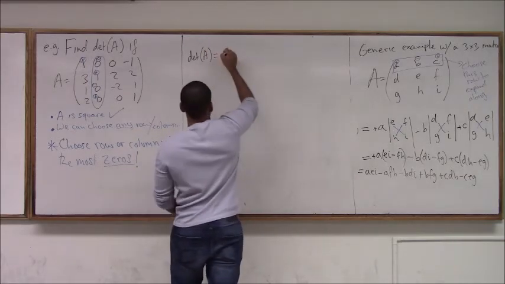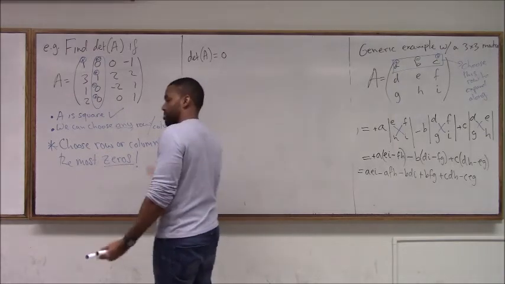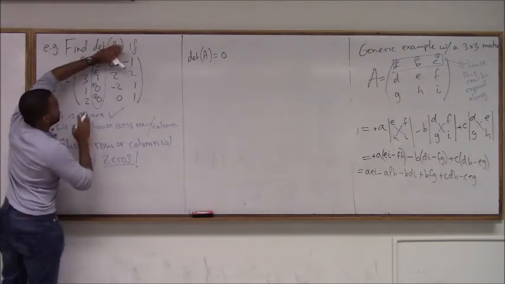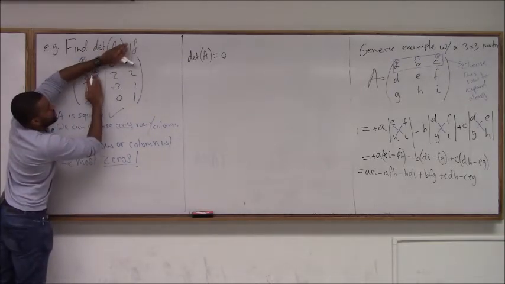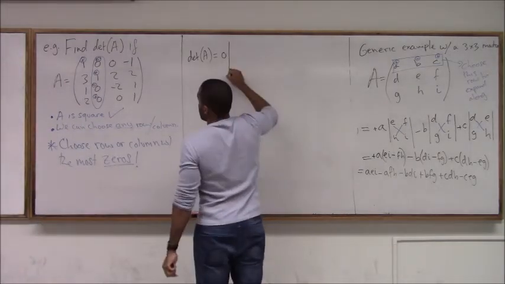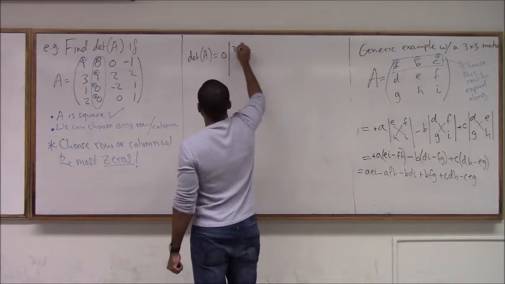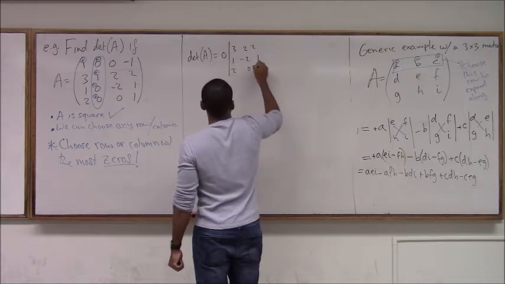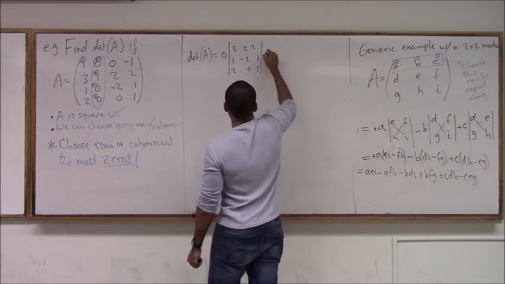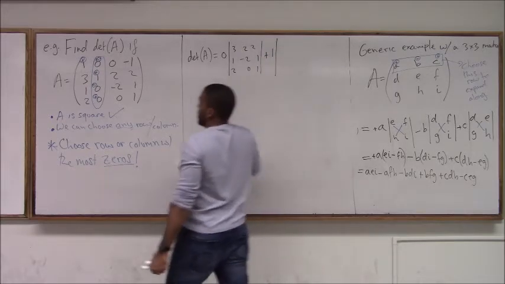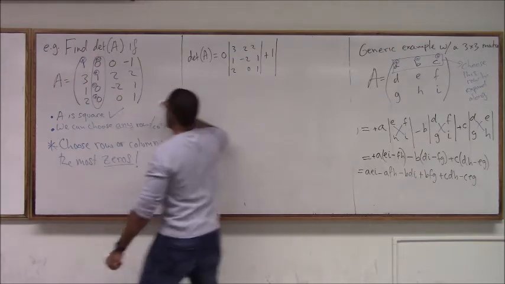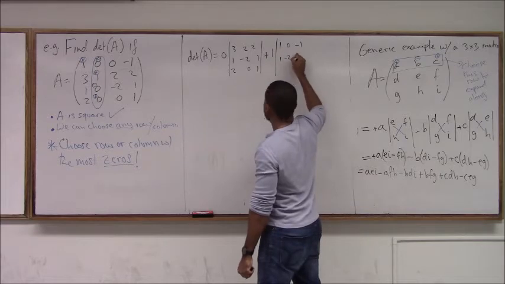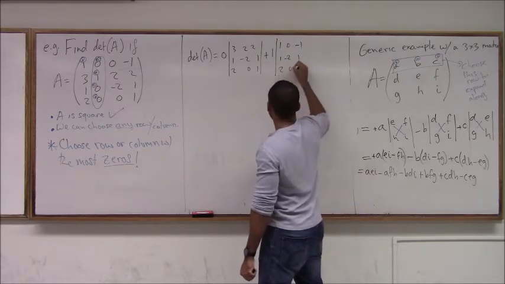Let me just go through the motions so you can actually see how it would look. I'm going to write in the zeros even though it won't matter. So it's 0 times, block out its row and its column. It's going to be 0 times the cofactor 3, 2, 2, 1, minus 2, 1, 2, 0, 1. Then plus 1 times, block out everyone in his row and his column. That's going to be 1, 0, minus 1, 1, minus 2, 1, 2, 0, 1.